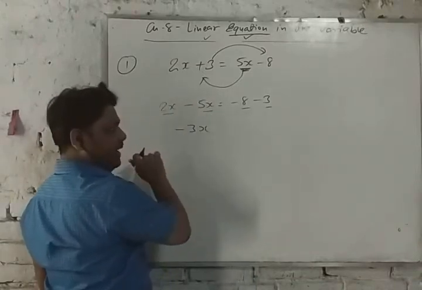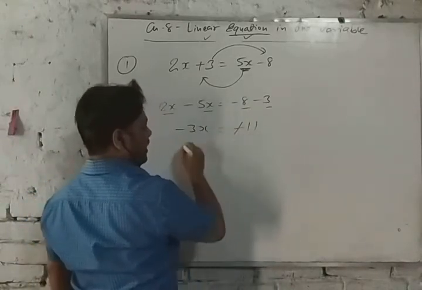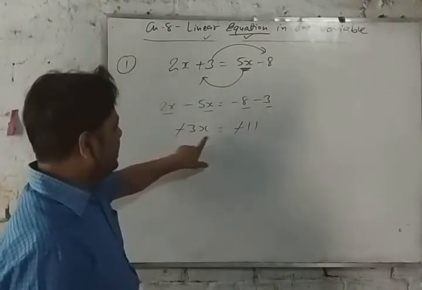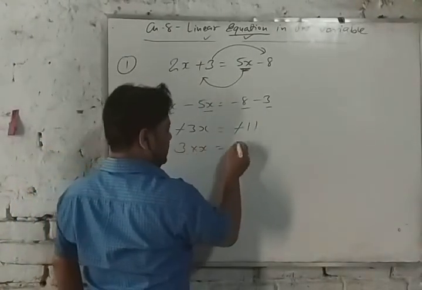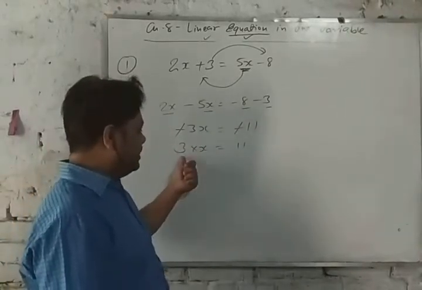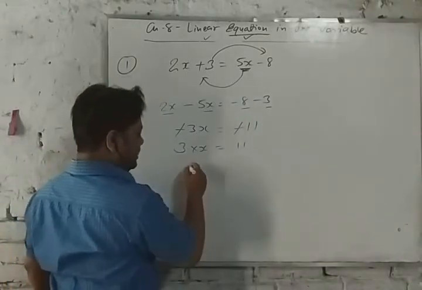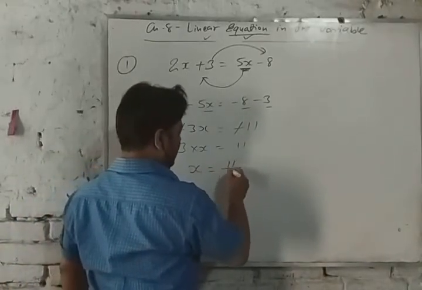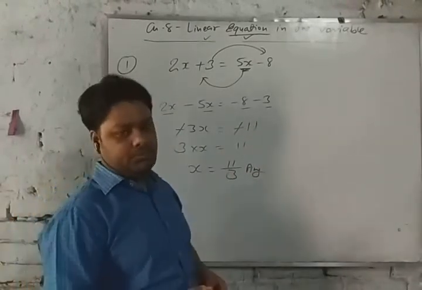Then minus 3 minus 8 is minus 11. Now minus and minus cancel out. 3x means 3 into x, so 3 into x is equal to 11. If we take 3 from LHS to RHS, it goes into division form, which means x is equal to 11 by 3.